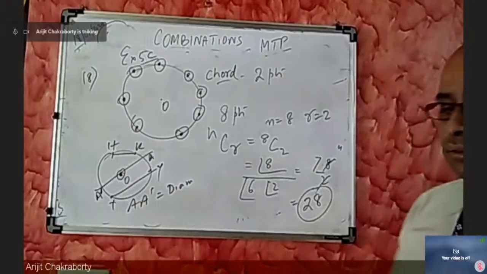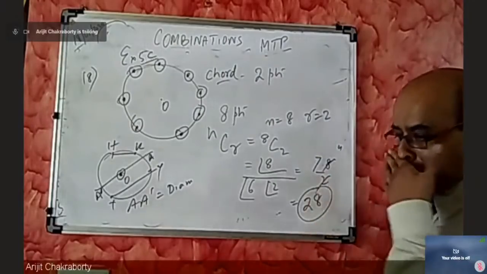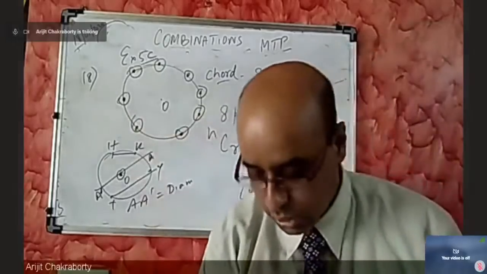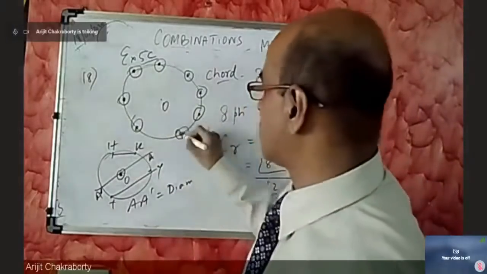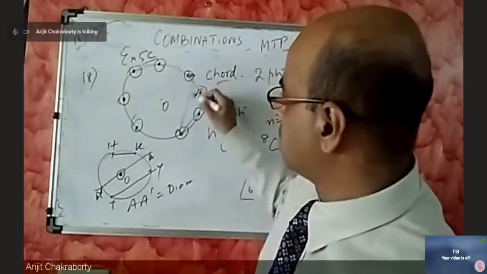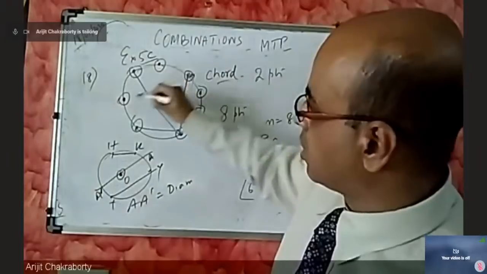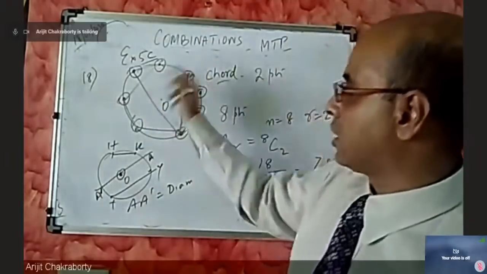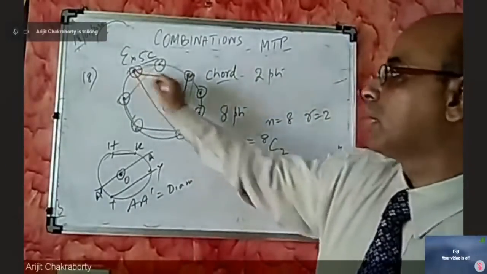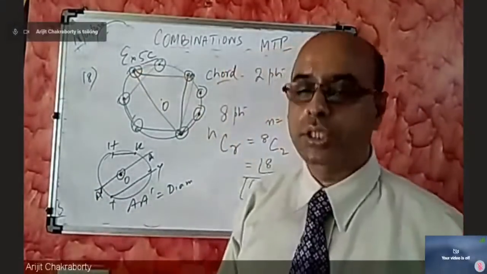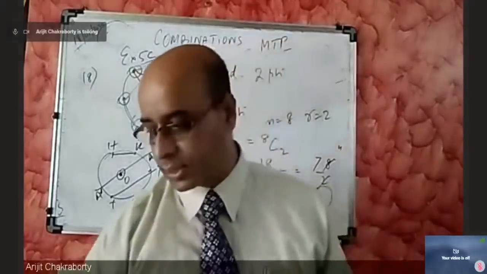So you can have 28 chords by joining these points. Like this is a chord, this is a chord, this can be a chord. Like this, if you join, it will become 28 such chords that can be drawn using these points.